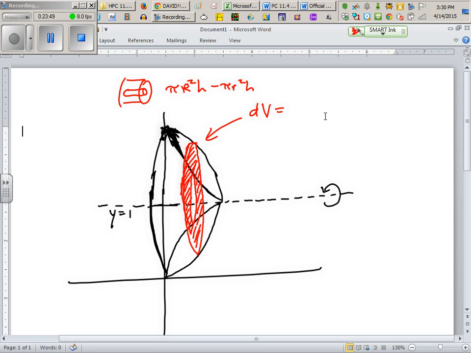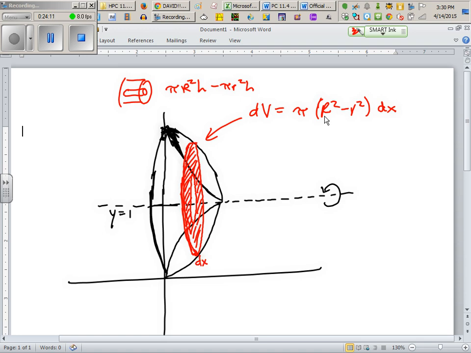So what's going on here is the height is a differential dx. It's just a teeny, teeny thickness. So for this problem, we're going to have a pi, an r squared, and as for the h, that's a dx. The thickness is the height, dx.